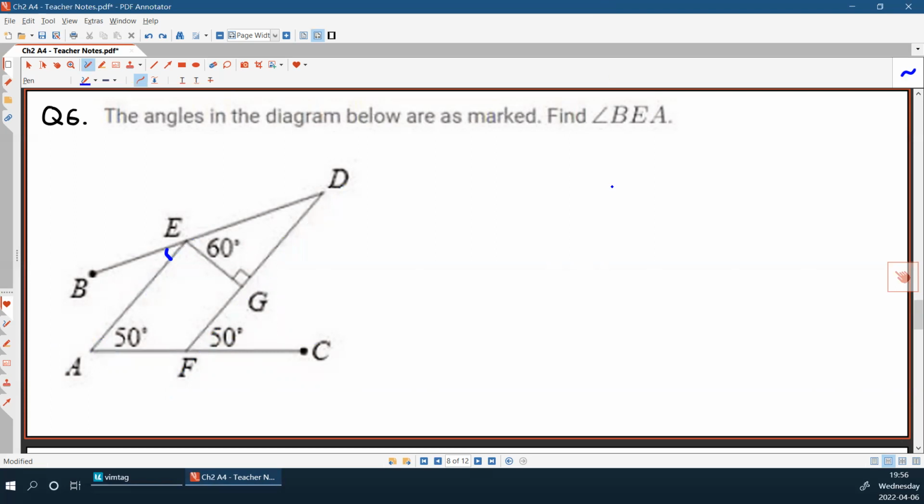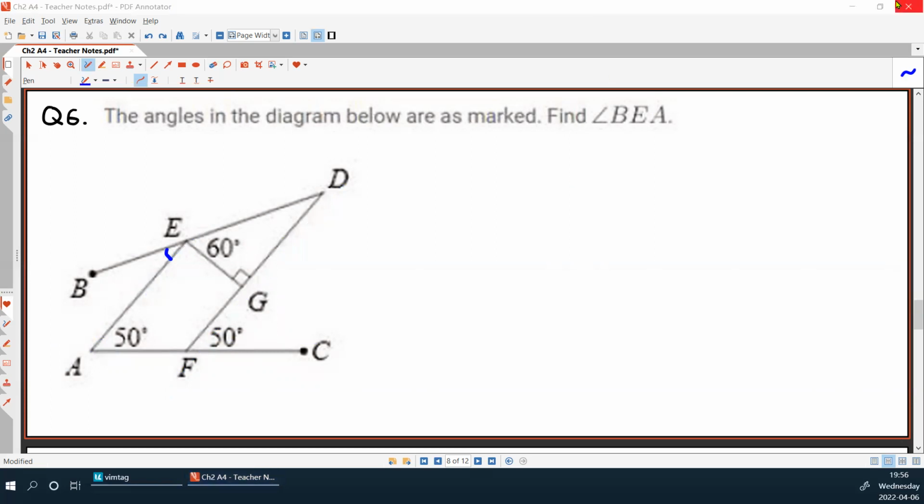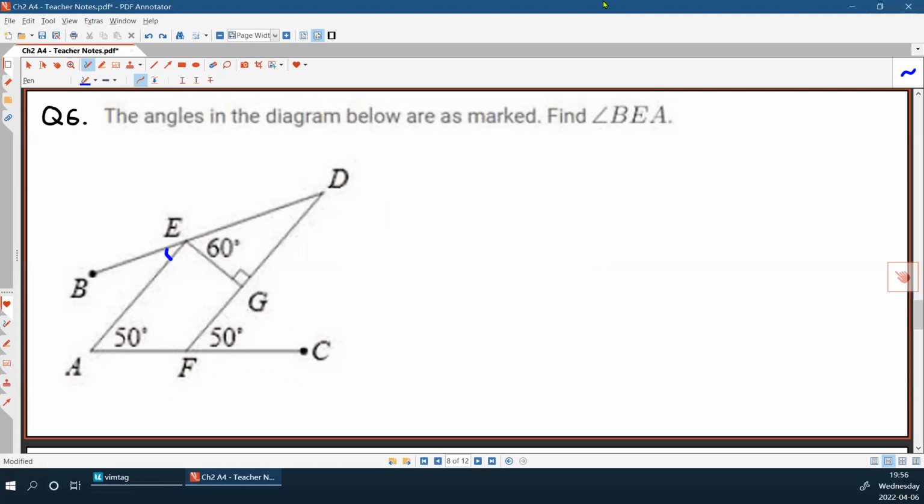All right, so first of all, you can say because angle A equals angle DFC equals 50 degrees, therefore we have line AE parallel to line DF.